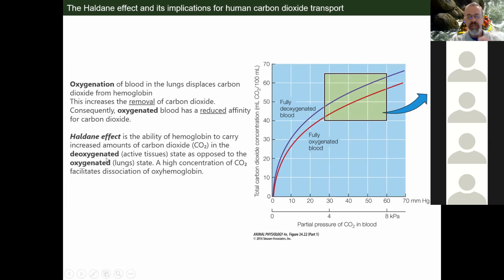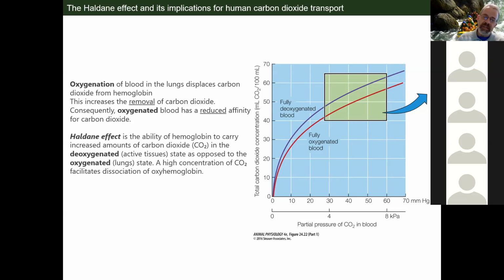And if you think of the Bohr effect, it is what occurs when the tissues are very active. You've got a buildup of CO2, a decrease in pH, which lowers the affinity of the hemoglobin for oxygen, and it allows it to be delivered.